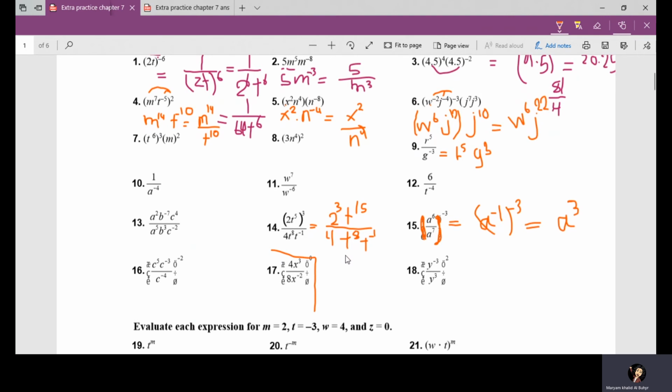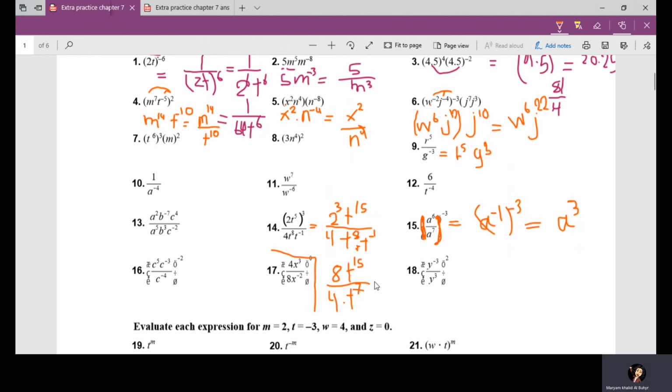So 2 to the power 3, it's 8. Now here I have t to the power 15. I'm going to simplify what I have in the denominator, then the 4. T and t, same base, we can add the powers because they are between them by multiplication. So that will be t to the power 7.